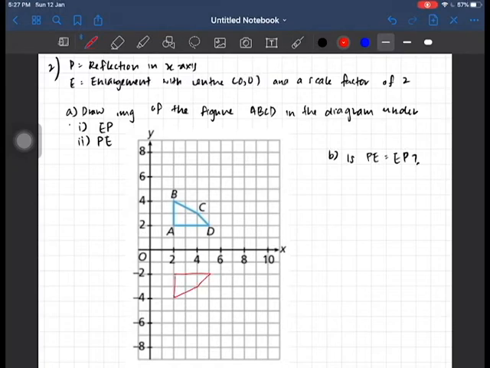So here's our first image, and then the second image is enlargement center scale factor 2, right? 5, -2. We'll multiply it by 2. Again, 2, -2. And 2, -4.